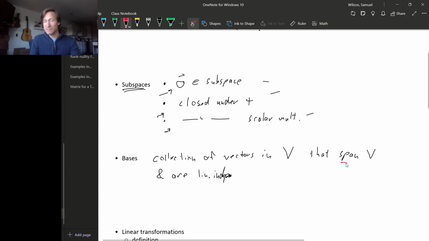But the idea of span makes sense in a general vector space, and the idea of linear independence also makes sense in a general vector space. So we can talk about the basis of a general vector space.